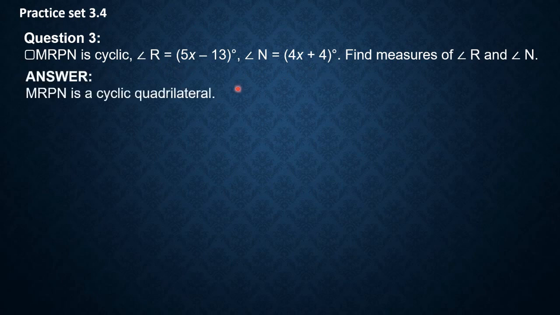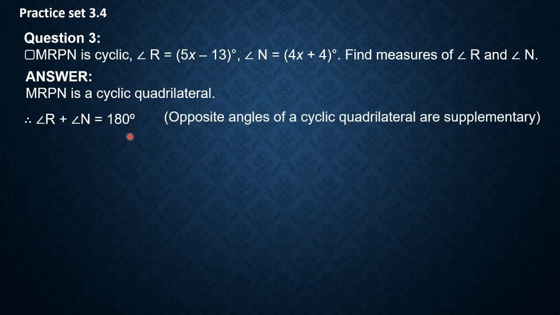So let's start with the solution. It is said that MRPN is a cyclic quadrilateral, and we know that by the cyclic quadrilateral theorem, the opposite angles of a cyclic quadrilateral are supplementary. So if we add the opposite angles, in this case angle R plus angle N, we'll get 180 degrees, since they are supplementary.